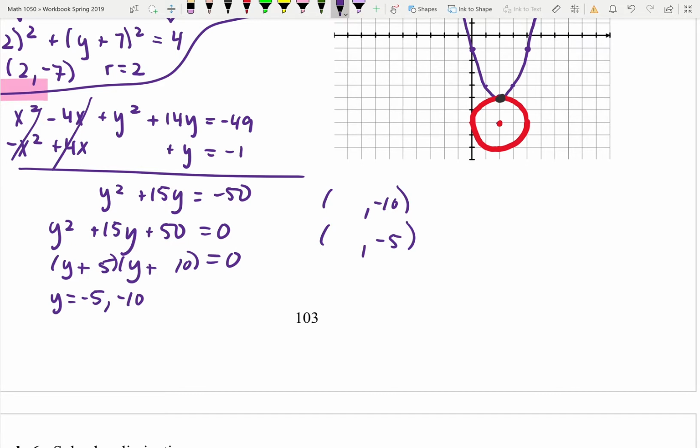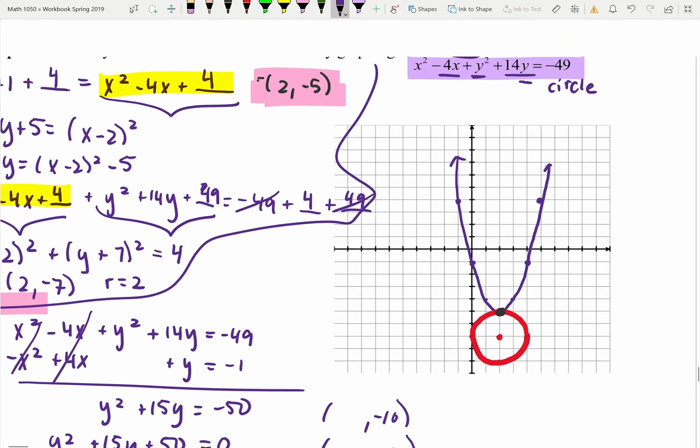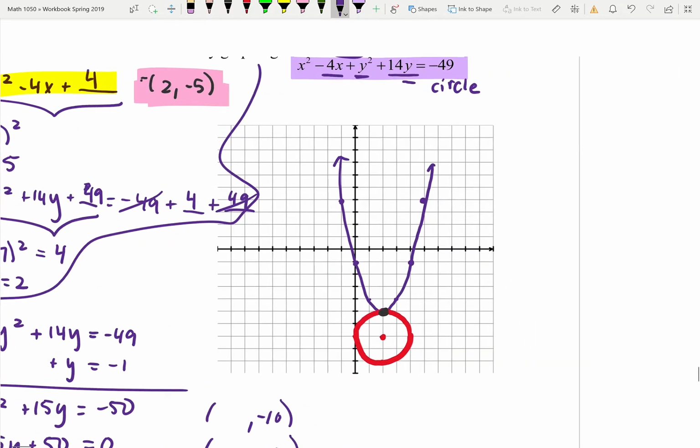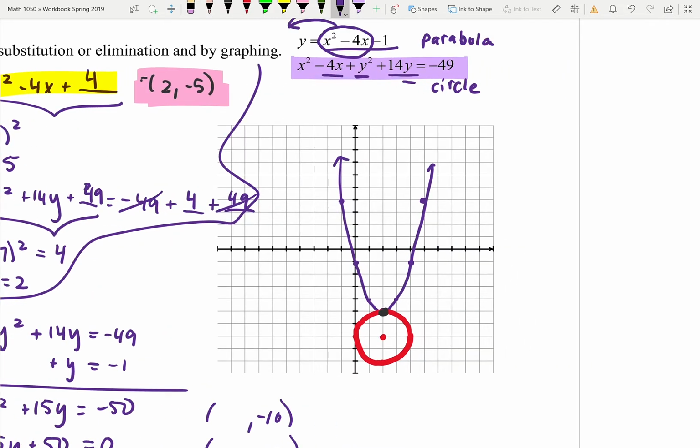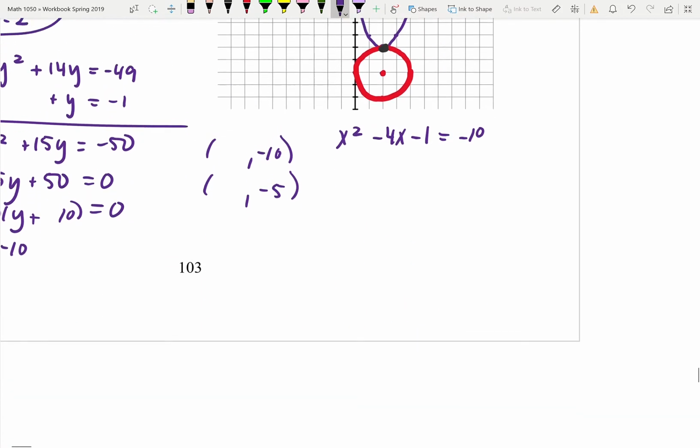Now watch this. Look at the two original equations. They're both going to be bad to put in a value for y and find the x. Which one's going to be the least horrible, the top one or the bottom one? The top one, yeah. So everybody go x to the second minus 4x minus 1 equals -10.